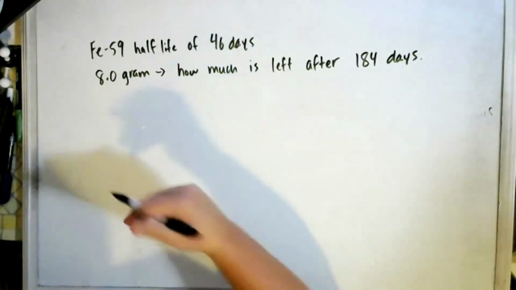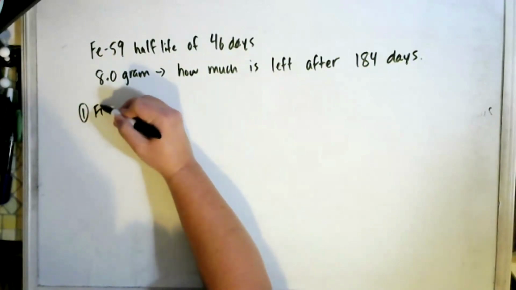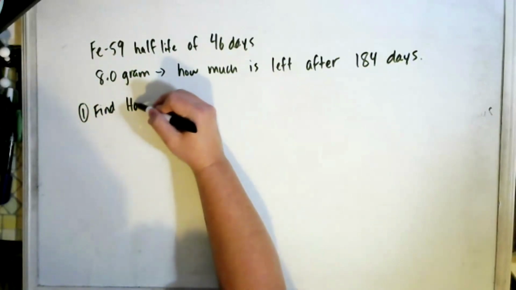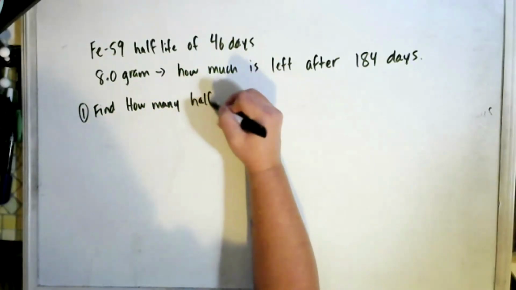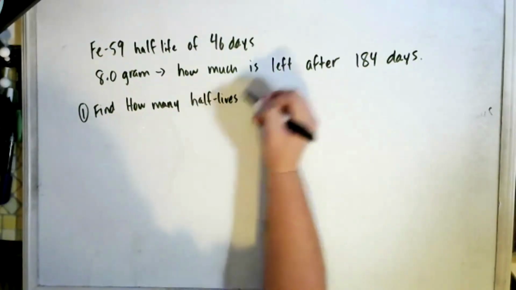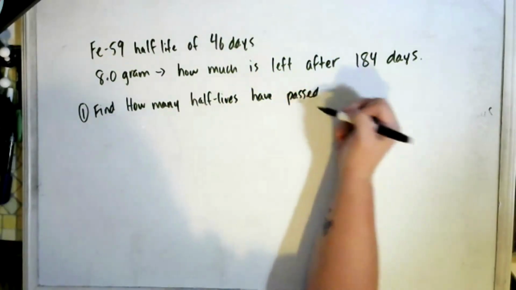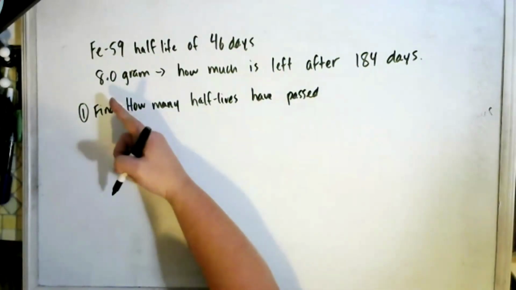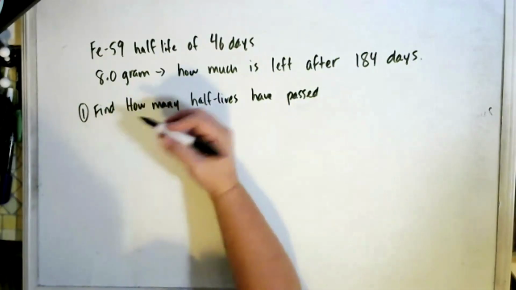Okay, and again, this kind of goes back to that first thing that we talked about. Your first step here, step 1, find how many half-lives have passed. And then once you know how many half-lives have passed, you can track the decay of your original amount. Okay?